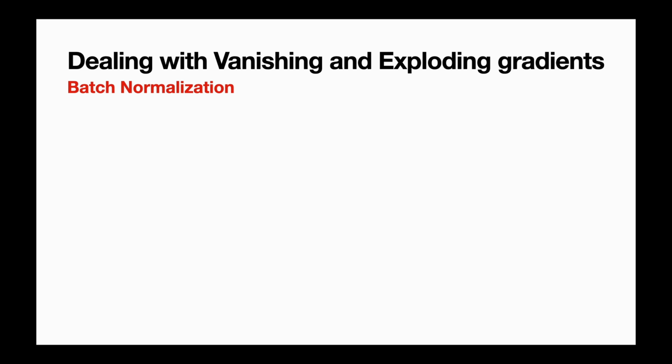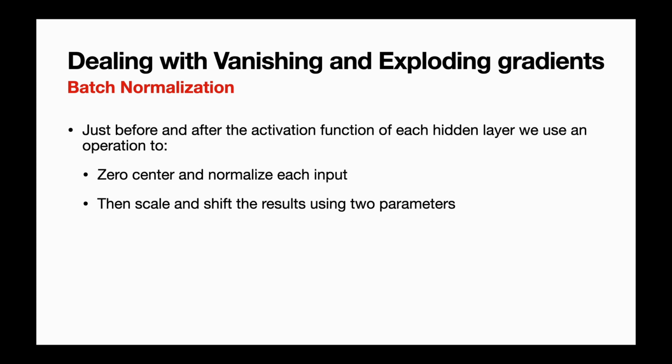So far we have talked about two different ways to deal with vanishing and exploding gradients. One was choosing a different activation function, and the very first one that we discussed was initialization methods. And the third way we can deal with vanishing and exploding gradients is using something called batch normalization. Batch normalization is a simple process.